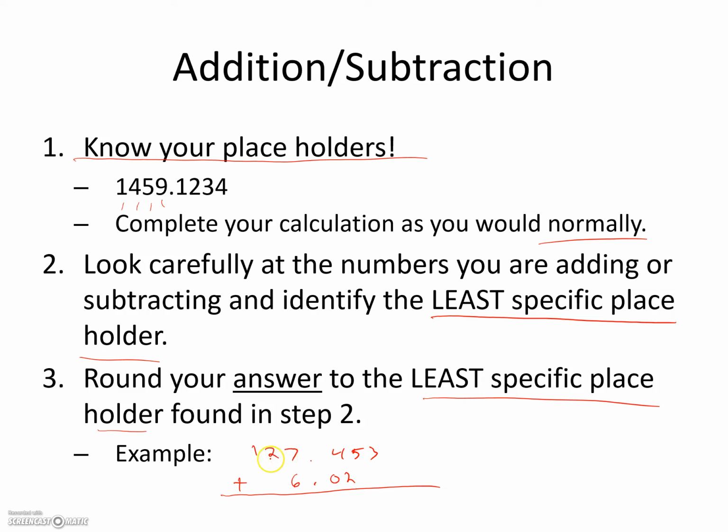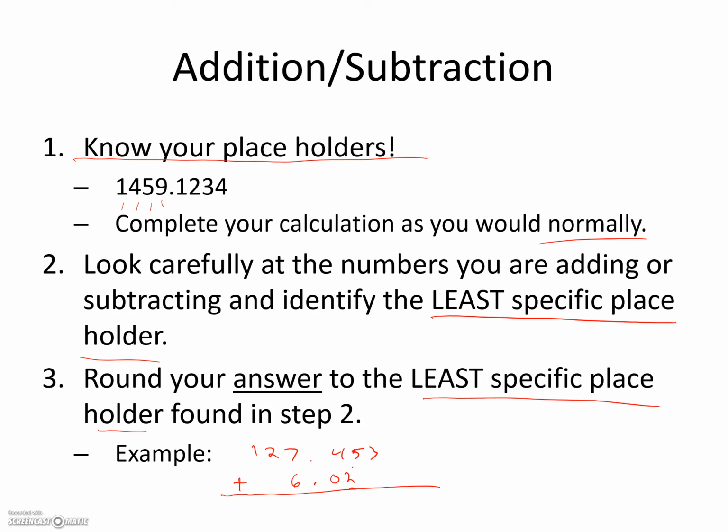So if I look at 127.453, I'm certain all the way down to the thousandths place. With 6.02, I'm only certain down to the hundredths place. So I'm going to end up rounding my answer at that hundredths place when I add.